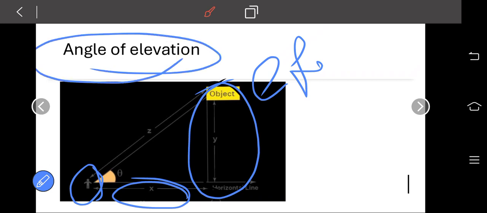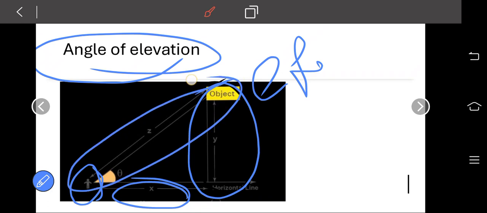You will see the Eiffel Tower by looking over your eye level. Level of eye is when you look straight, that point at which you can see, which is called the horizontal line or line of sight. When you look above the line of sight, that is called angle of elevation.